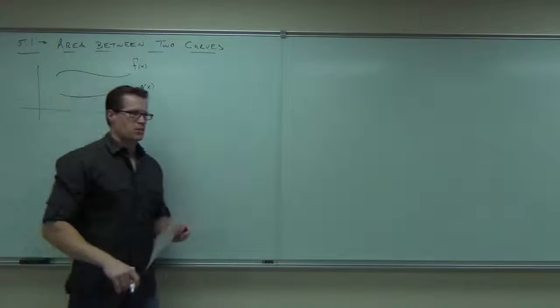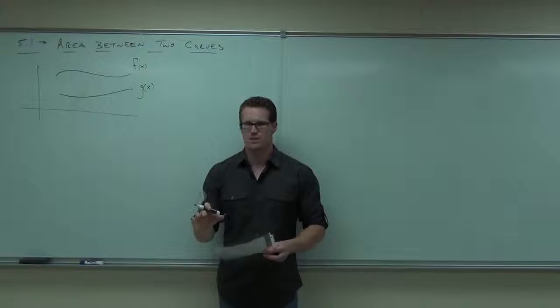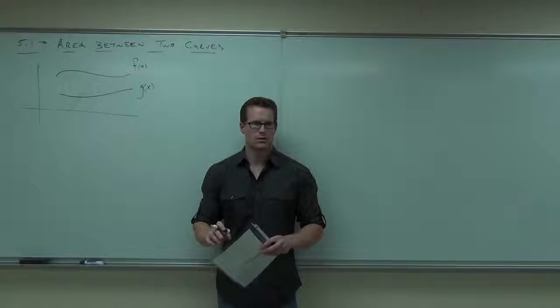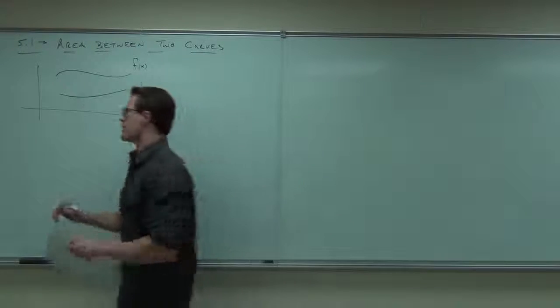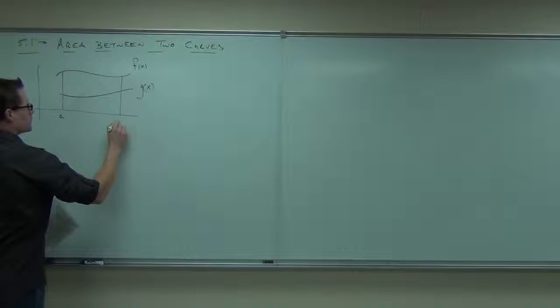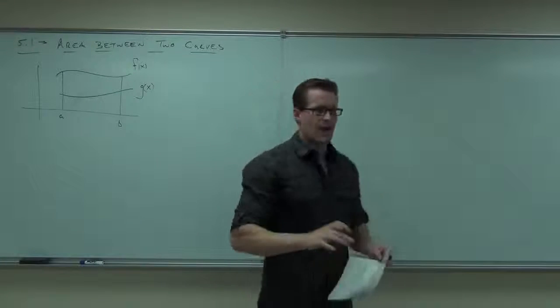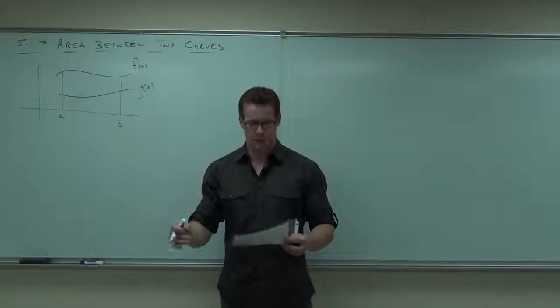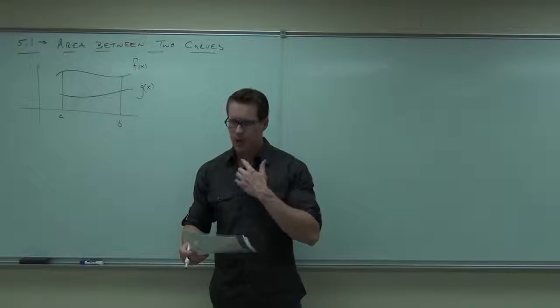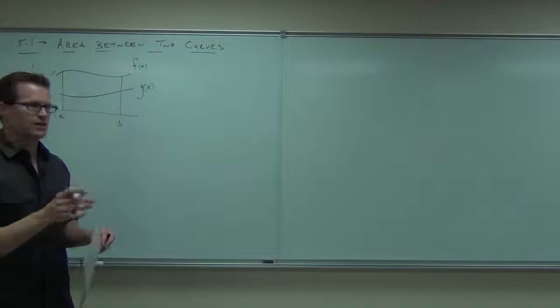Would you agree that according to this graph, f of x is always above g of x for a given interval? And let's define that interval from a to b like we normally do. So from a to b, f of x is completely on top of g of x. Now what we want to talk about is the area between f of x and g of x. That's what we're trying to find.